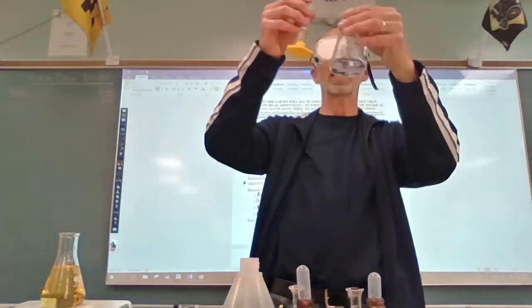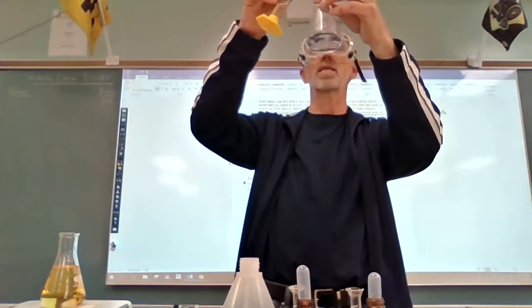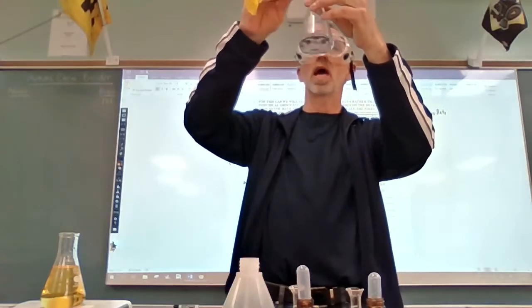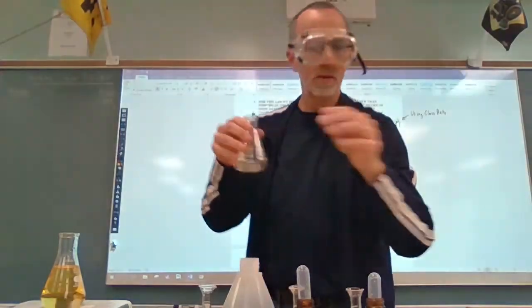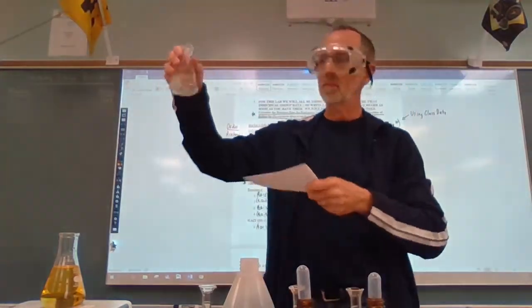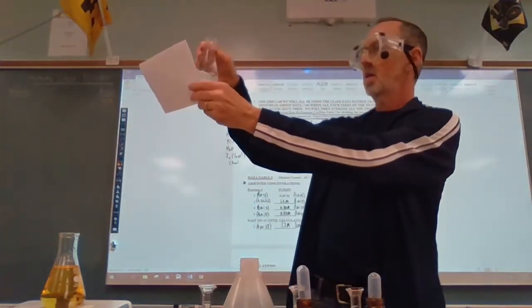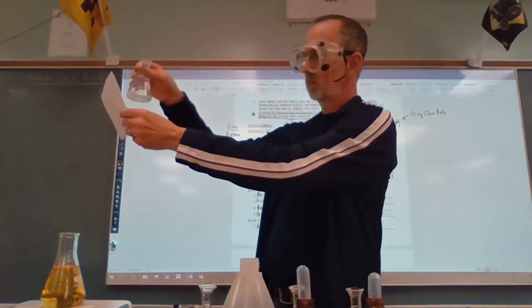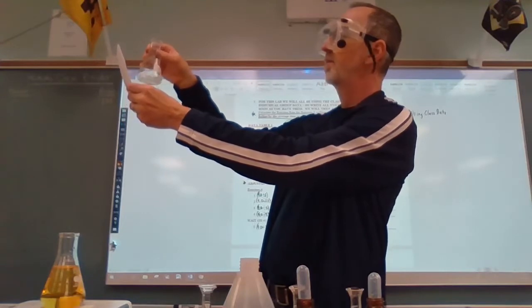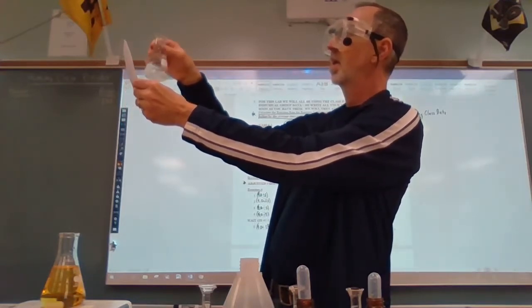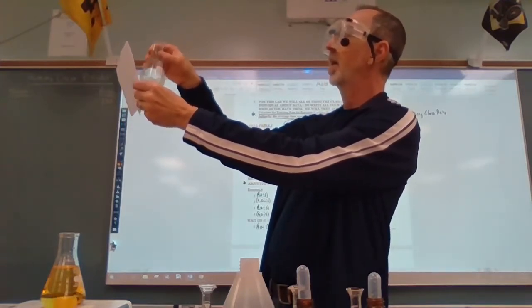Again, I'm going to be a little delayed on my timer beginning because I'm missing that third hand. And there we go. Okay. Again, it's a very light yellowish brownish color, very, very faint. And again, it's starting to fade pretty quickly here.